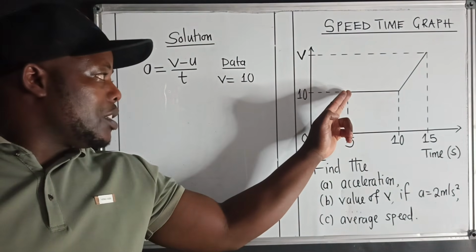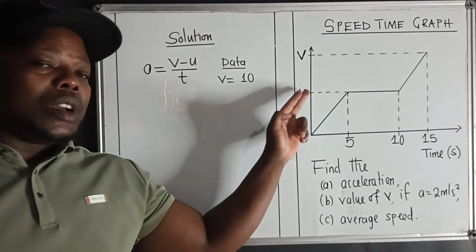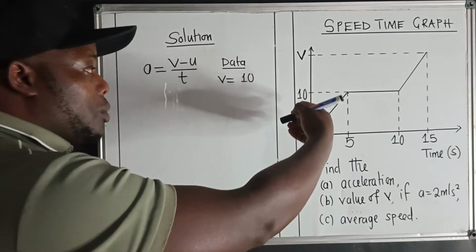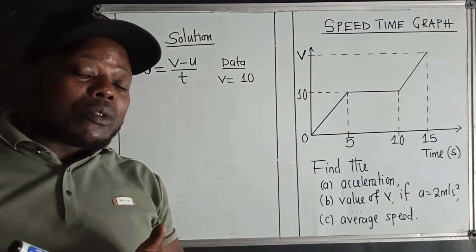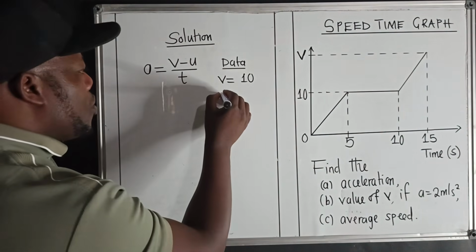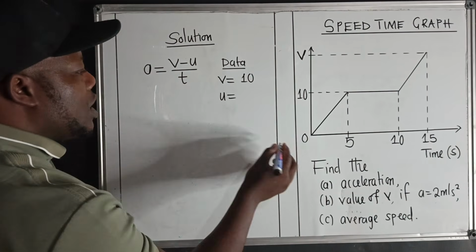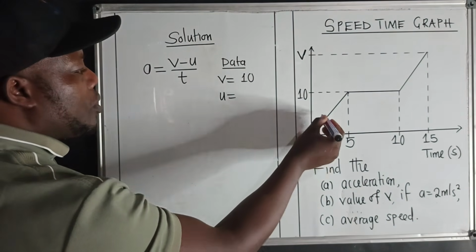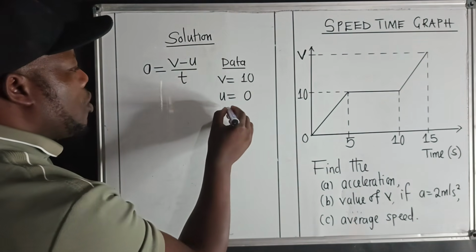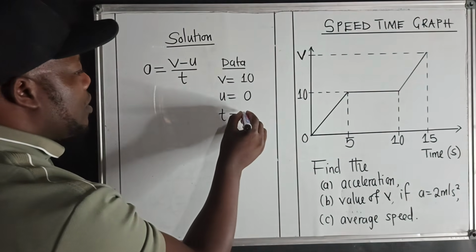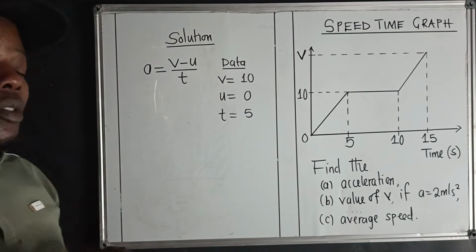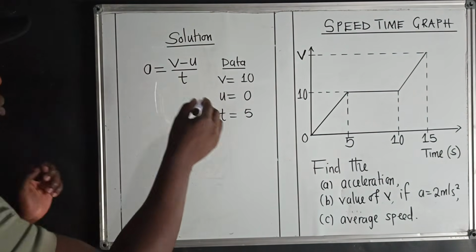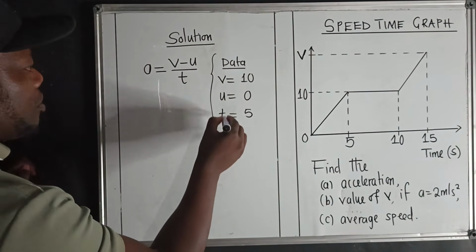Now when you check where it stopped, it was here. Go to your left-hand side, that's where the velocity you're looking for is. U stands for initial velocity, where it started from. It started from zero, while T is the time, which is 5 seconds. Just plug in this information.